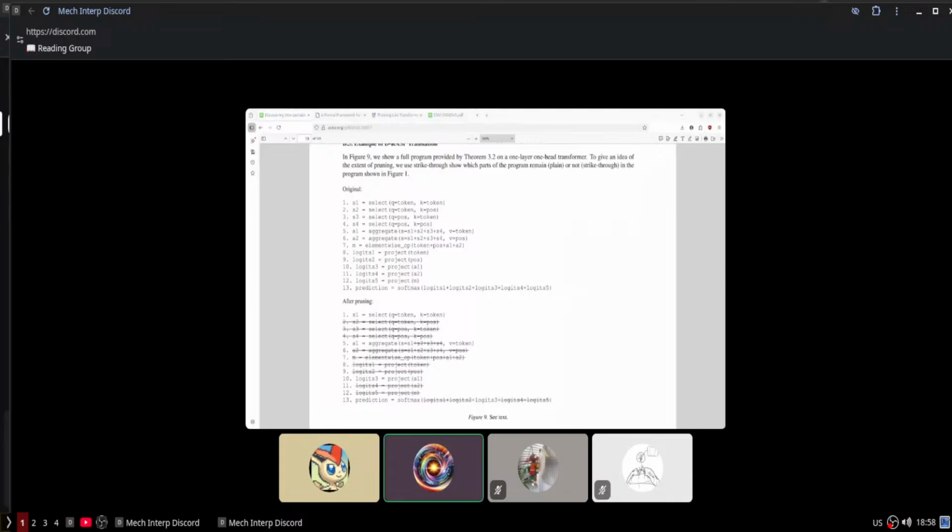Most of these paths are causally irrelevant. Which examples show the causal irrelevance? Yeah, they have token and position.